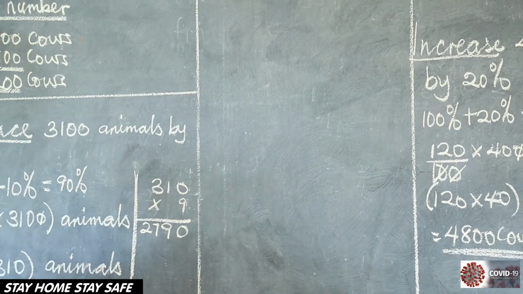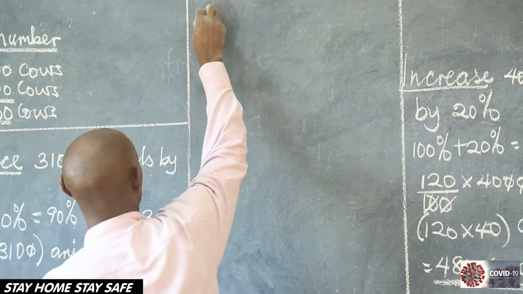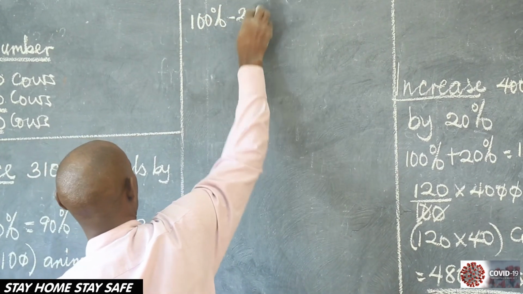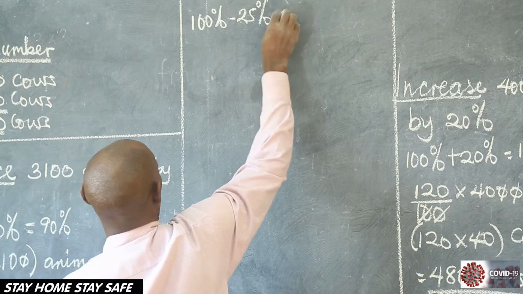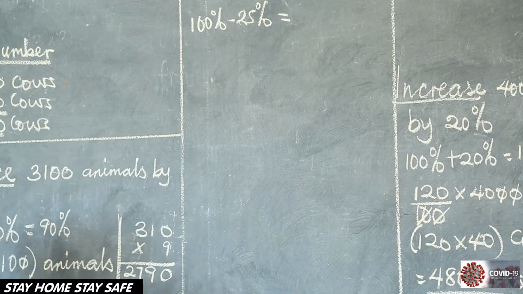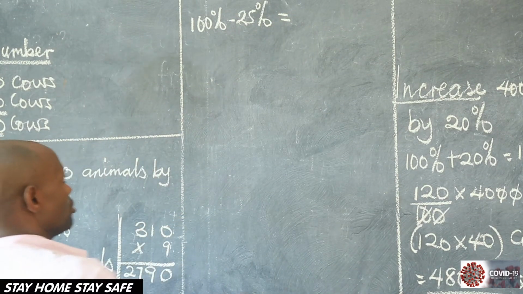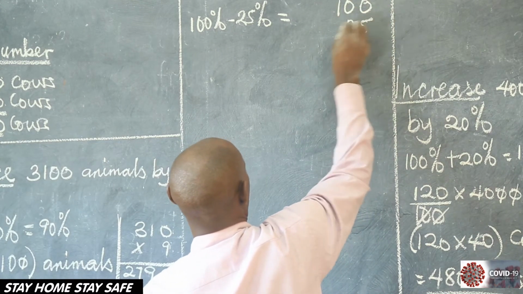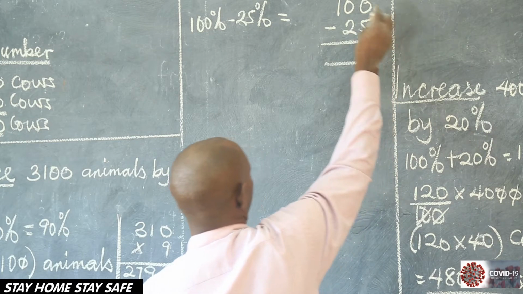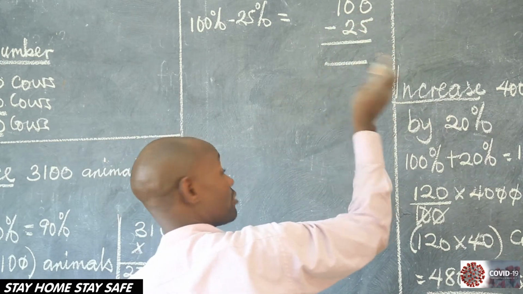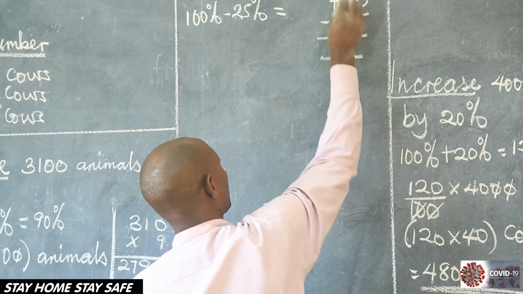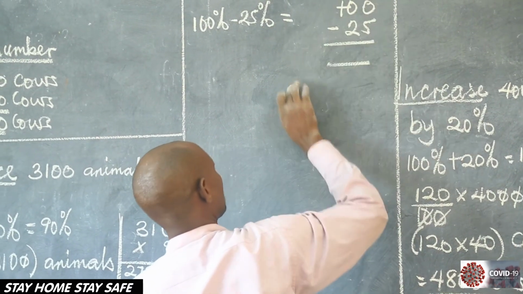So if I use the first method, we shall have 100%. We take away 25%, arrange vertically, subtract to get the right answer. 0 take away 5, we have to regroup. The neighbor has nothing to give us. We get 1 from this, we remain with the 0.